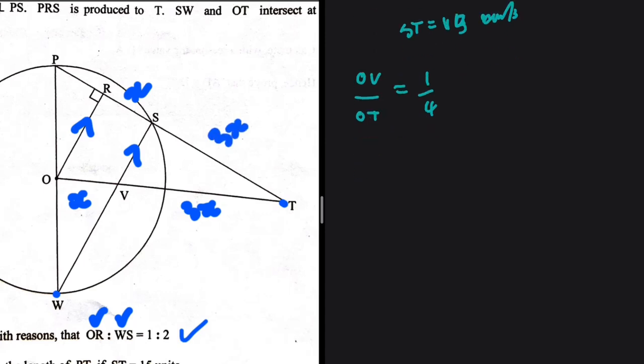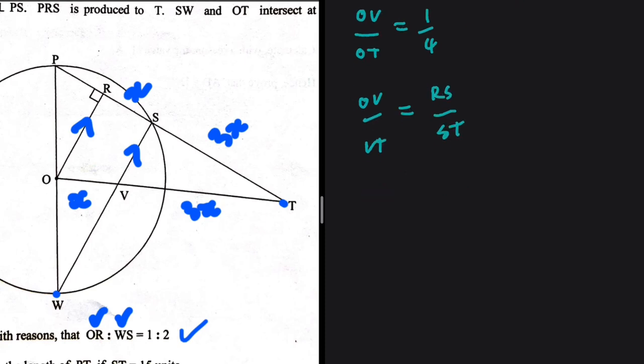Okay, so let's get formal. OV over VT is equal to RS over ST. So OV over VT is going to be X over 3X.